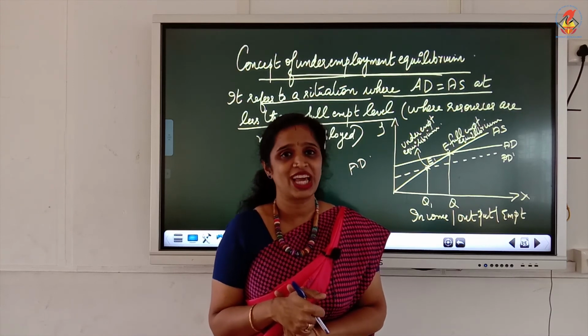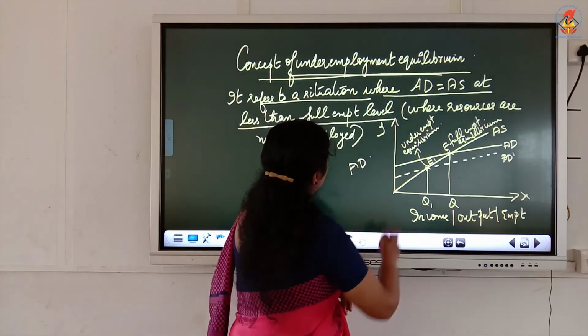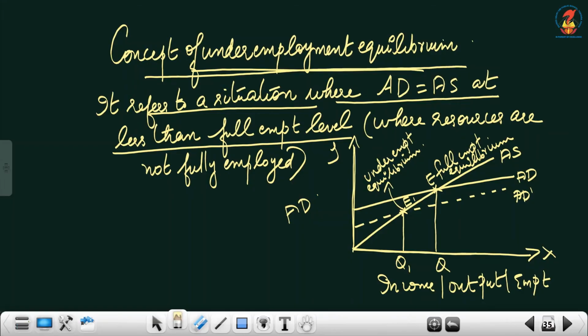Let us see that with the help of a diagram. Here this is the y-axis and this is the x-axis. I have marked income on the x-axis, and on the y-axis aggregate demand is marked. The aggregate supply curve is drawn as a 45-degree line which starts from the origin, and the AD curve starts from the y-axis. Both intersect at a point, and initially we can draw the level of income as OQ.